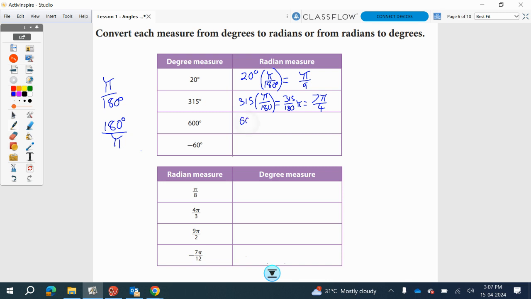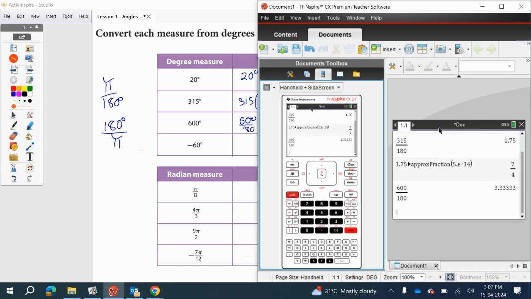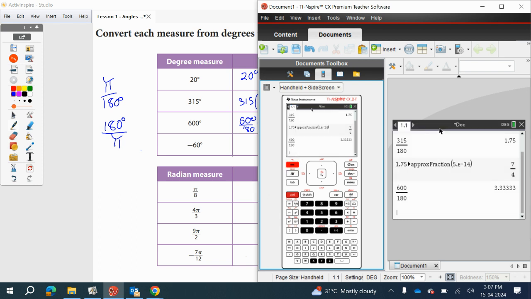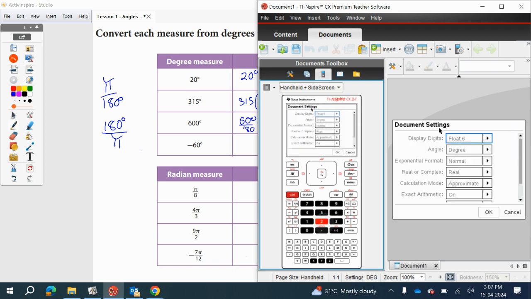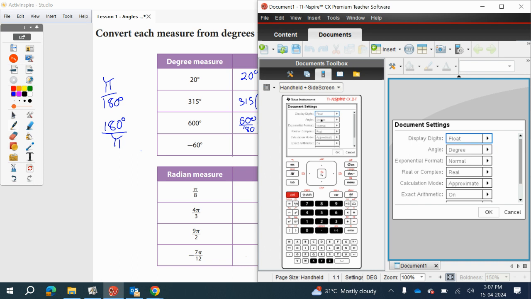So 600 over 180 pi. 600 divided by 180. If you want to make it always come in fractions, go to Document 7.2. I'm in flow format, I've got approximate.